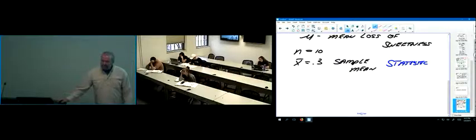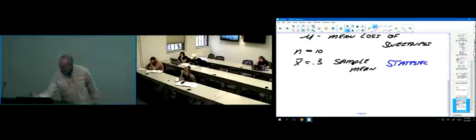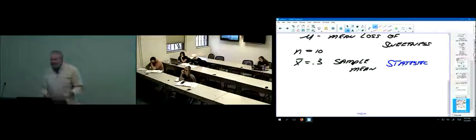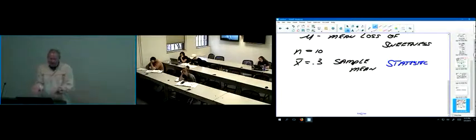I'm reading the very last line in this example: are these data good evidence that the cola lost sweetness? Now, what color would you like for me to use here so that when you see this, you know what they're asking you to do? Nobody says it doesn't say do a test of significance.